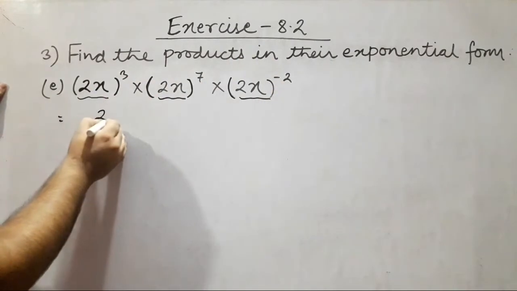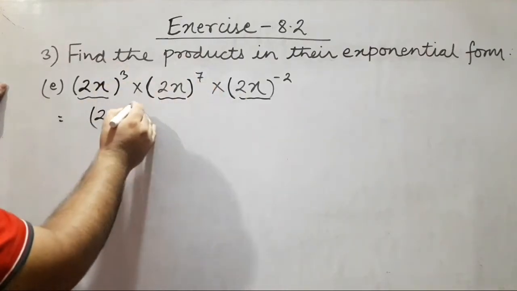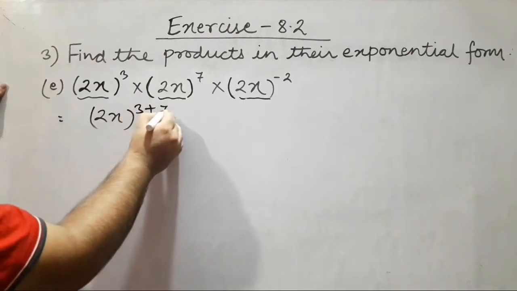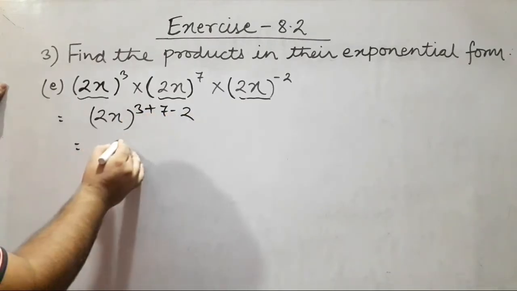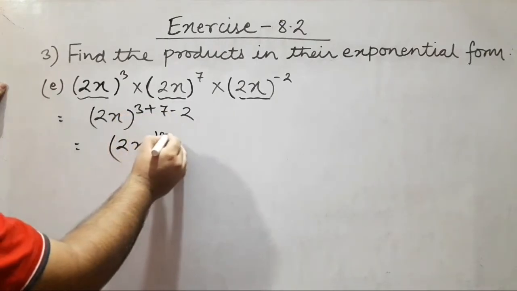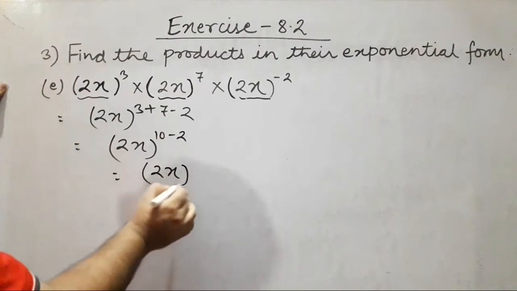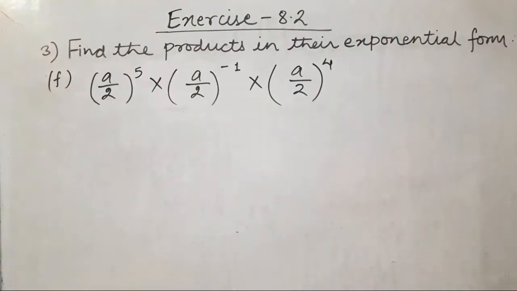So this bracket 2x became base, same bases, add the power. 3 plus 7 minus 2. Bracket 2x, 3 plus 7, 10 minus 2. 2x bracket power 8.